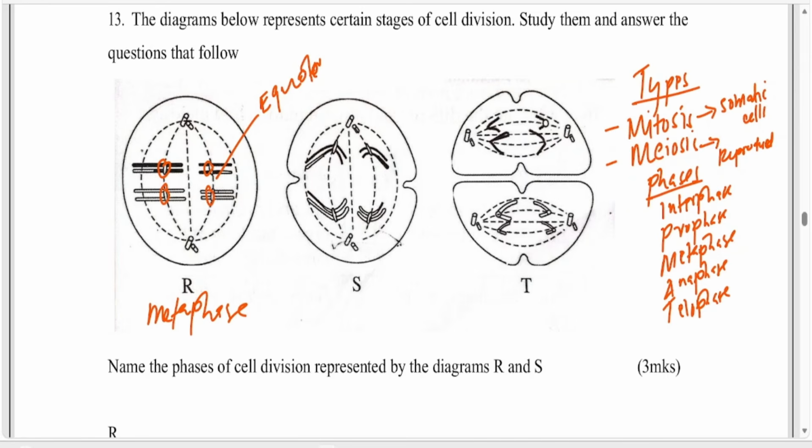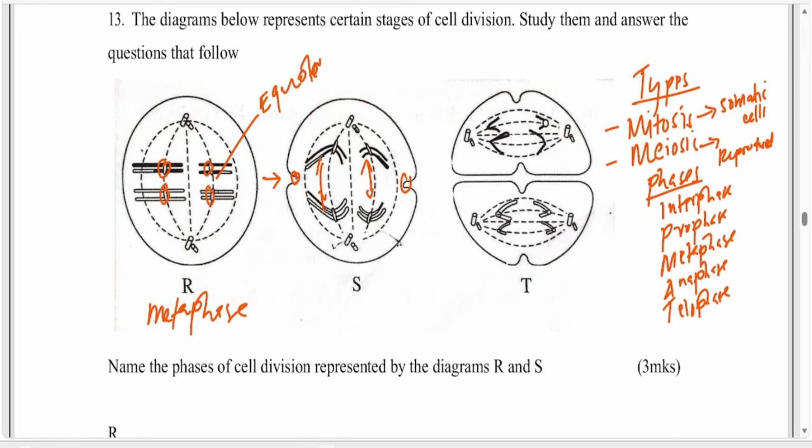And then we have S. When you look at it, it's not very much different from the metaphase. There is only constriction of the cell trying to divide, and the homologous chromosomes are trying to separate to move to the opposite poles. Automatically it becomes the phase that comes immediately after the metaphase.